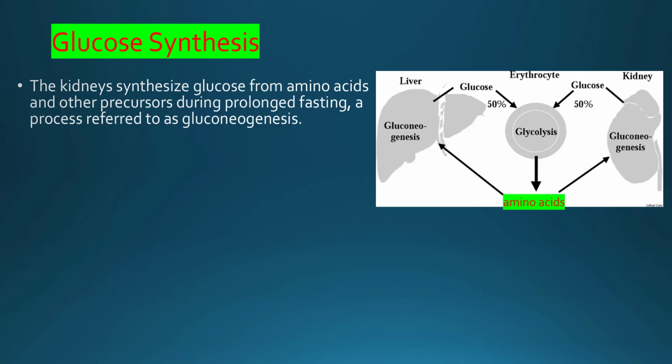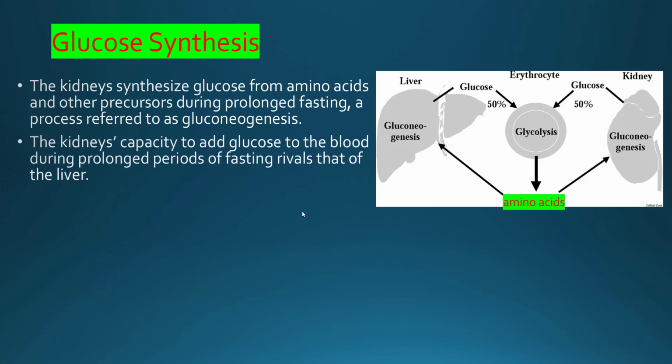Glucose synthesis. The kidneys synthesize glucose from amino acids and other precursors during prolonged fasting, a process referred to as gluconeogenesis. Gluconeogenesis occurs in the liver, but when there is prolonged fasting, gluconeogenesis also occurs in the kidney.